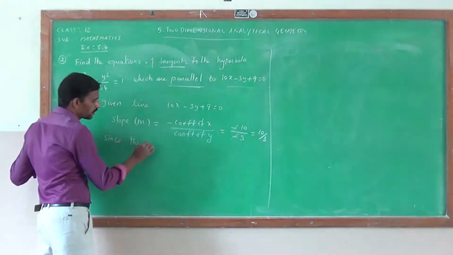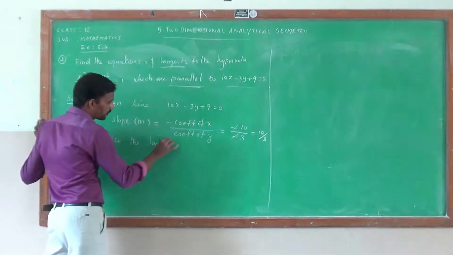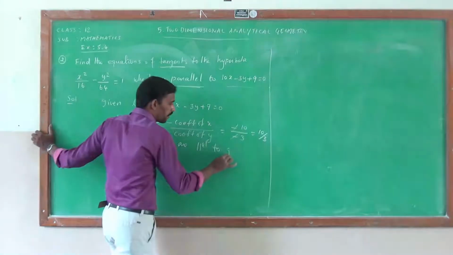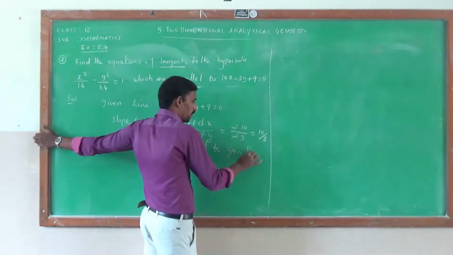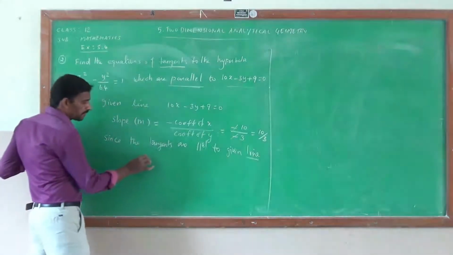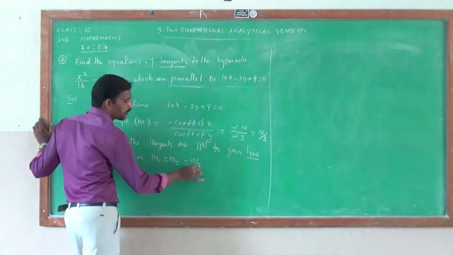Since the tangents are parallel to the given line, therefore the slopes are equal. This implies m1 is equal to m2, that is 10 by 3.